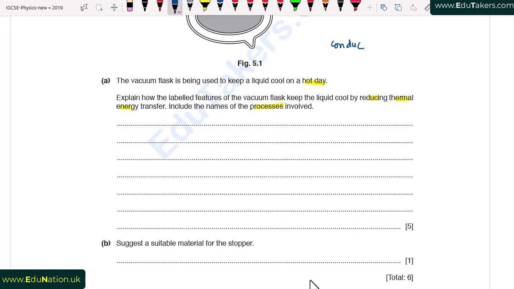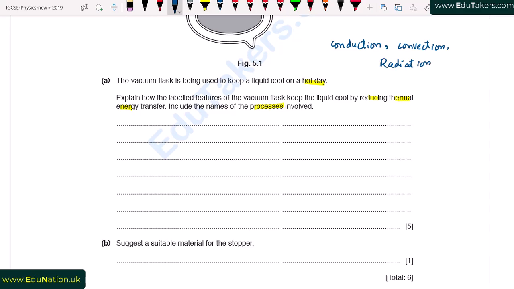One is conduction, second one is convection, and radiation. So here we have to keep a liquid cool. That's why we have to reduce the thermal energy transfer. For that we can take different steps.